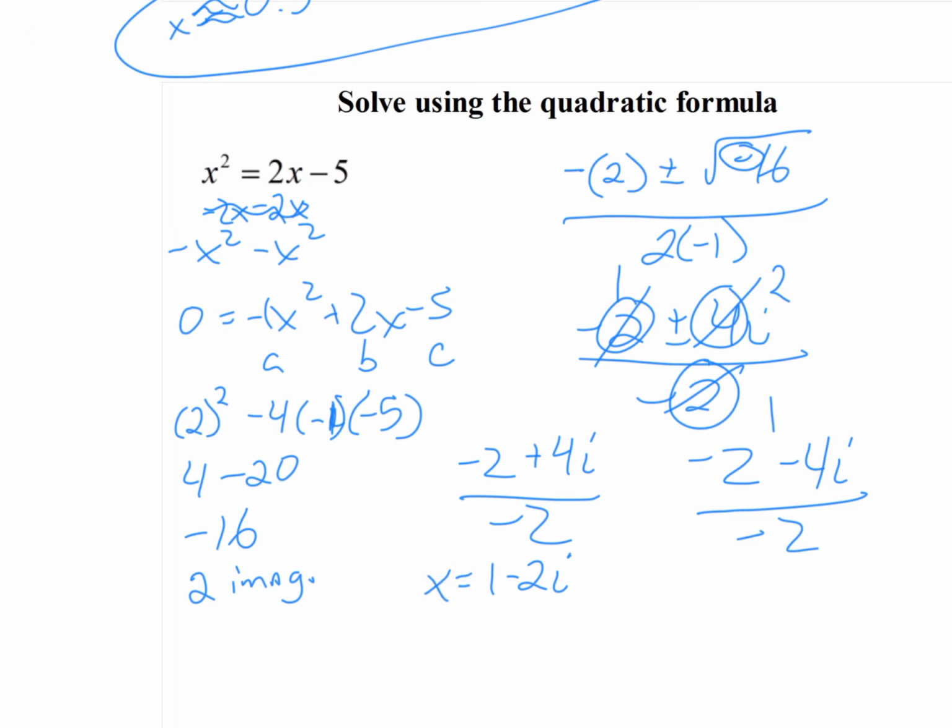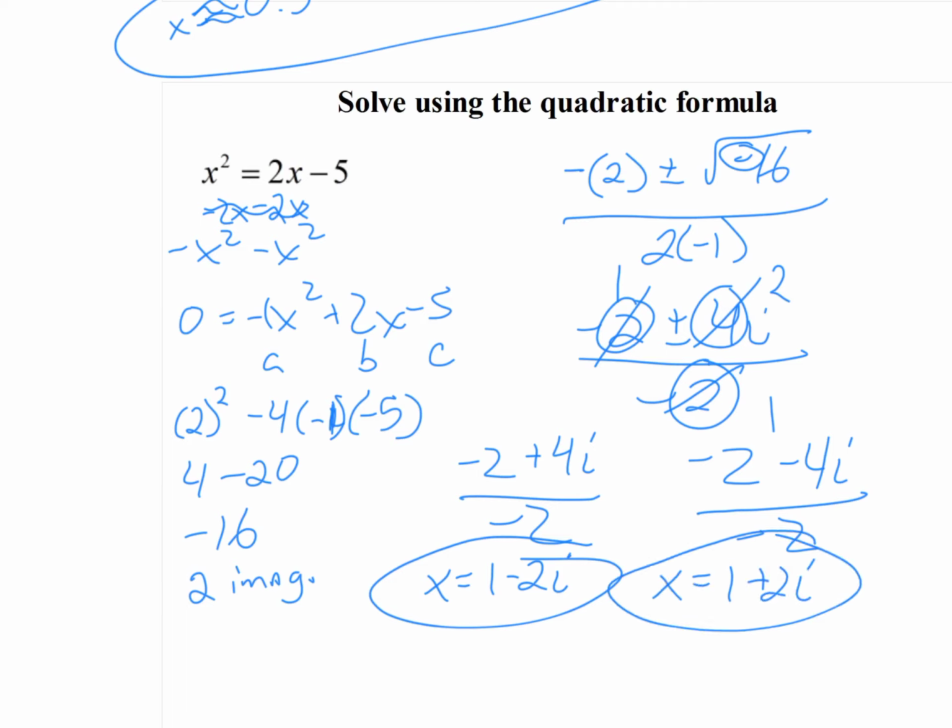So there's one exact answer. And over here I'm going to get 1, but this time I'm going to get a plus 2i. Now if you want to put them in together as 1 plus or minus 2i, that's fine too, but since I got a negative discriminant, I'm going to end up with 2 imaginary answers.